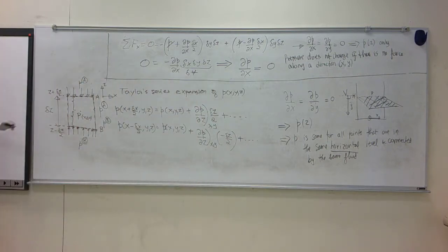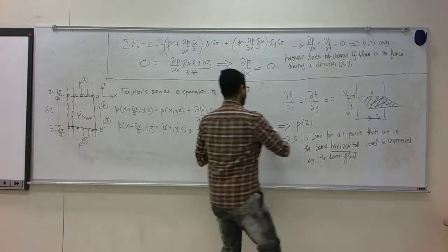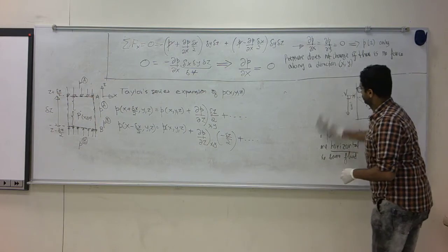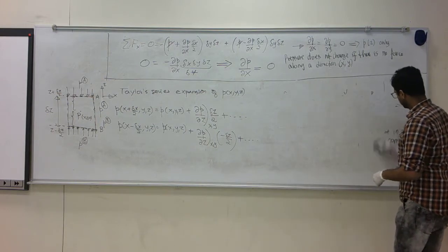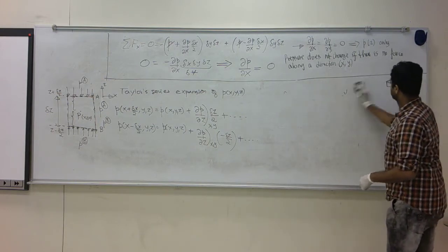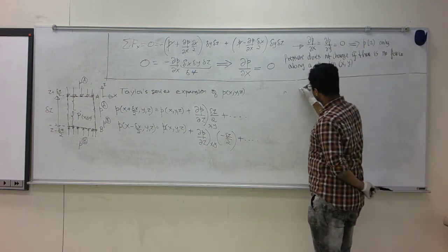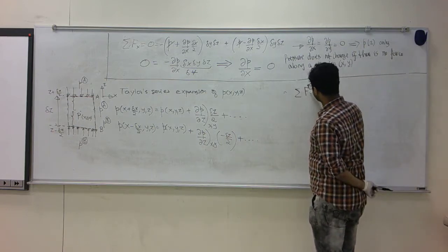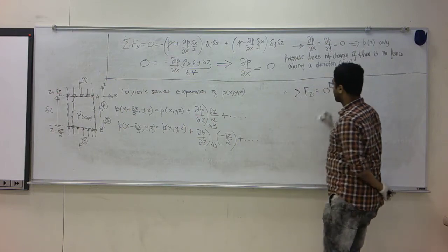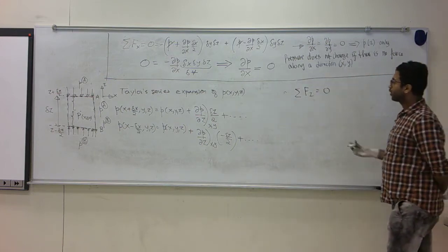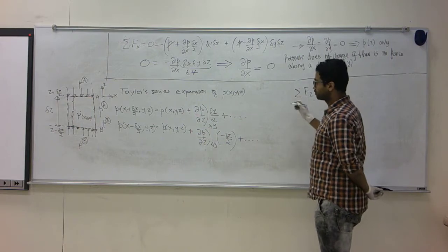Okay? So we already have an approximation for the pressure on the top face and bottom face. What we need to do is a force balance along the z direction and say the sum of that adds up to 0. Now what are the forces along the z direction?